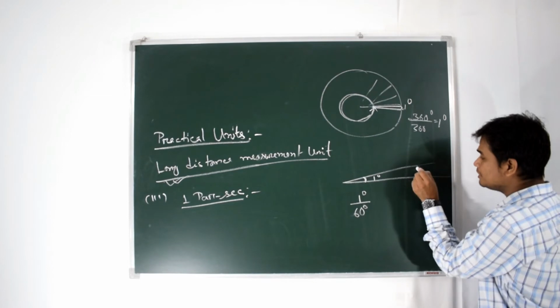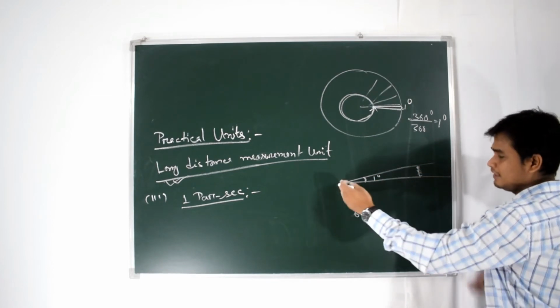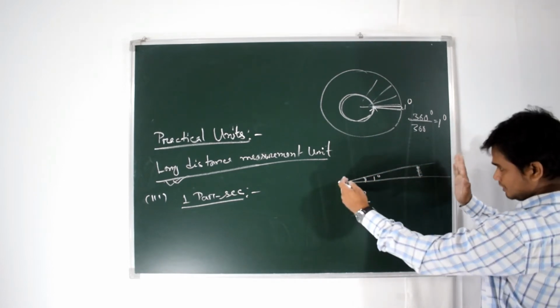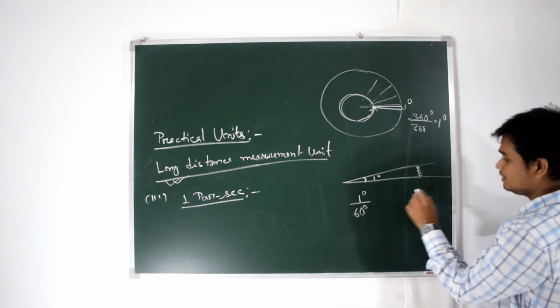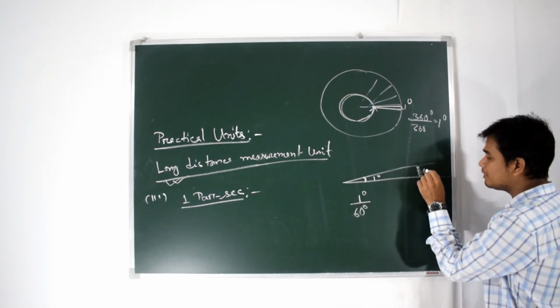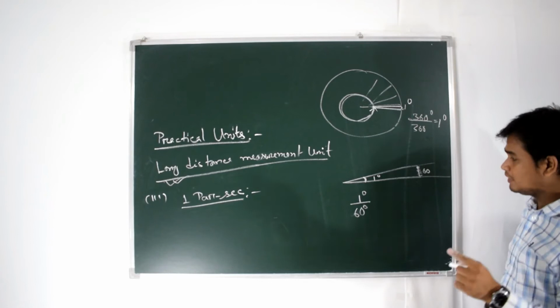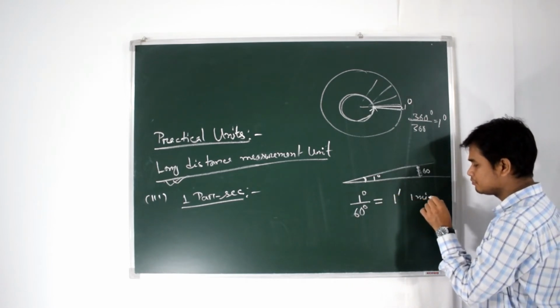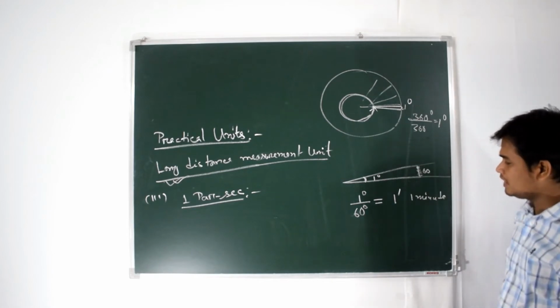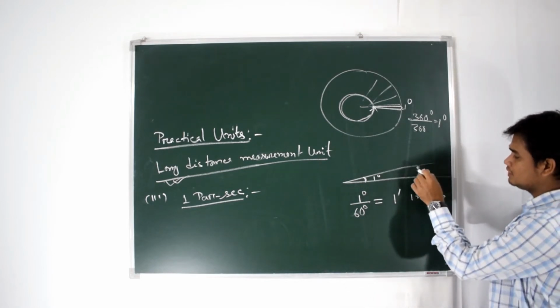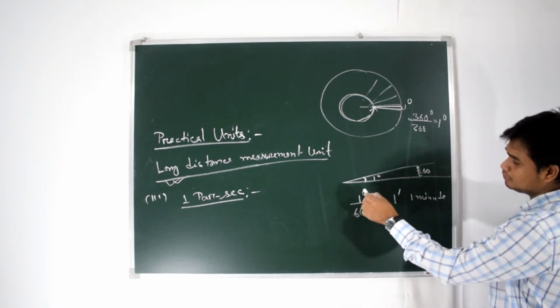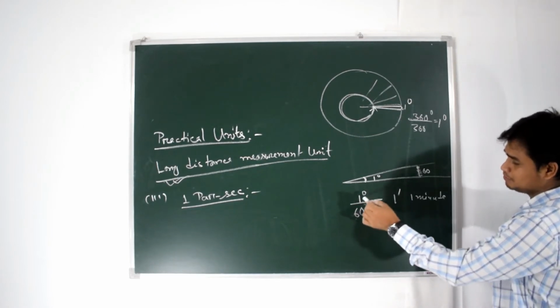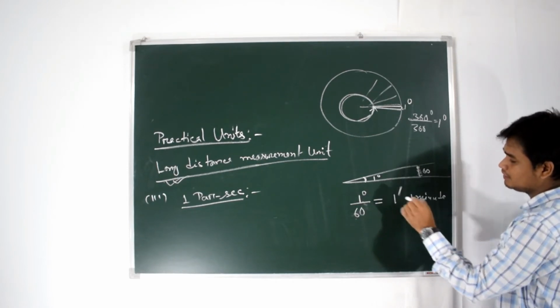So it will be easy for us when the distance is large. Then we can divide it into how many parts? 60 parts. This value is called 1 minute. So this is divided into 60 parts, not degrees, 60 parts. Then the value is 1 minute.